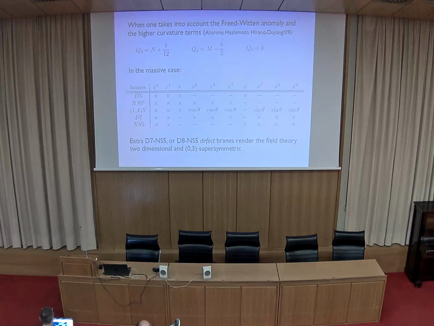So you see that in ABJM, the intersection is three-dimensional. Now, when we are introducing the D7s and D3s in a way that supersymmetries are preserved, the ones that you find in the solution, you end up with a two-dimensional intersection. So this would be like our defect branes, and when you put all the branes together, a lower dimensional common brane.